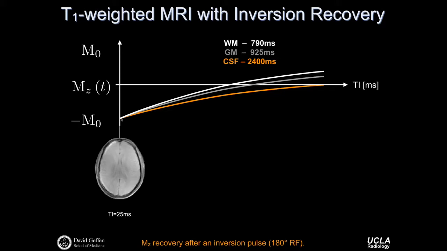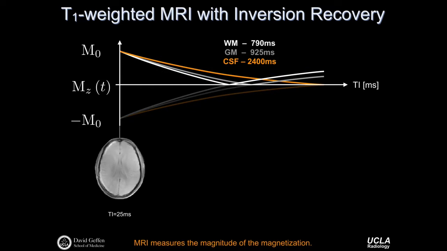But right now, just think about the fact that we have the same amount of Z magnetization, and whatever we need to do to generate transverse magnetization will be taking the same amount of MZ magnetization for all tissue types. The point being, when we look at the image obtained at that point in time, at what we call an inversion time, a TI of 25 milliseconds, all tissues look relatively similar, whether it's white matter, gray matter, or CSF. The image contrast is relatively flat.